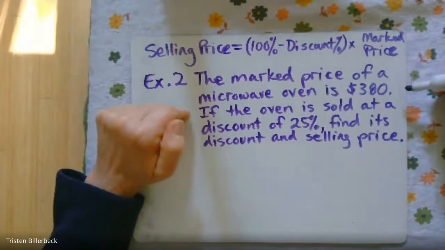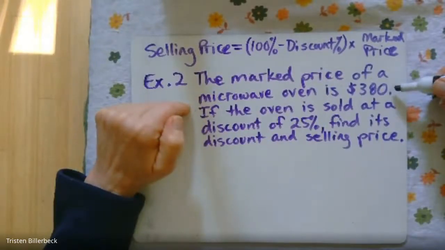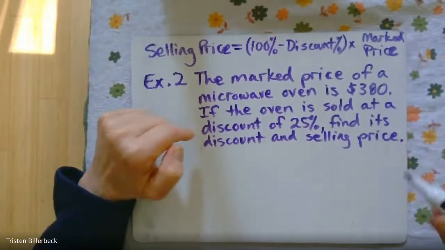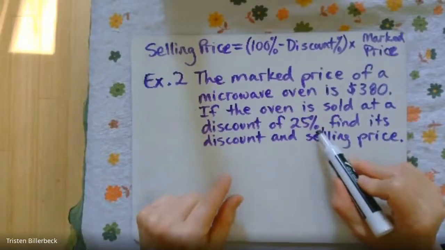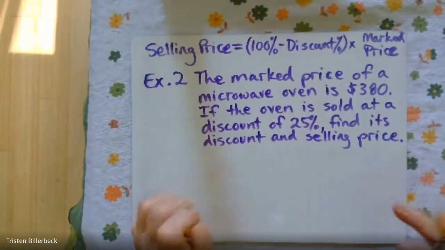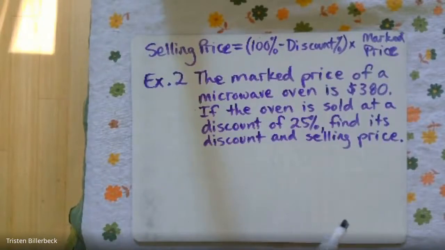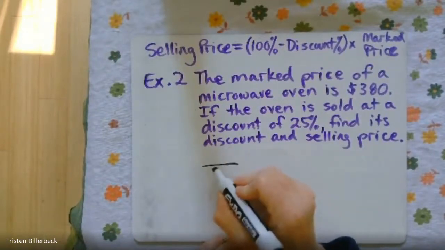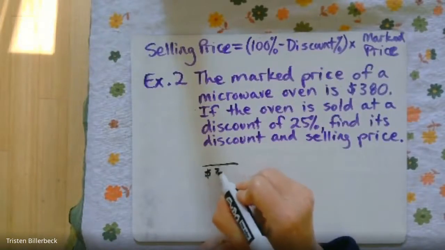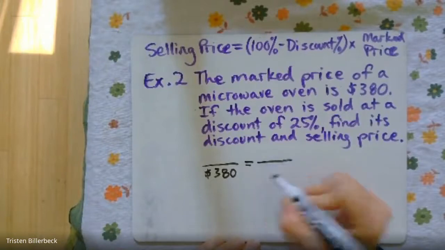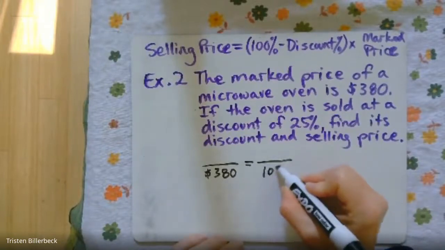So the marked price of a microwave oven is $380. If the oven is sold at a discount of 25%, find its discount and selling price. Okay, so we have the original price here is $380, and that corresponds to the 100%.